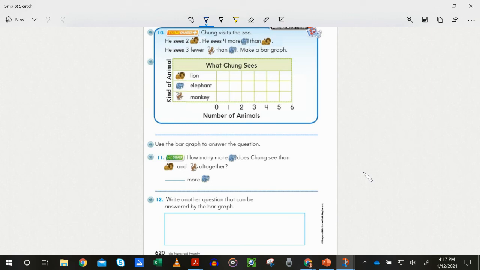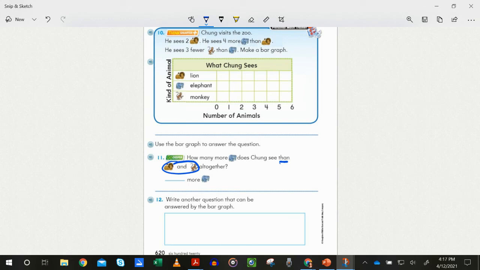And let's go to number 11. How many more elephants does Chun see than lions and monkeys altogether? So notice we have elephants, then lions and monkeys.